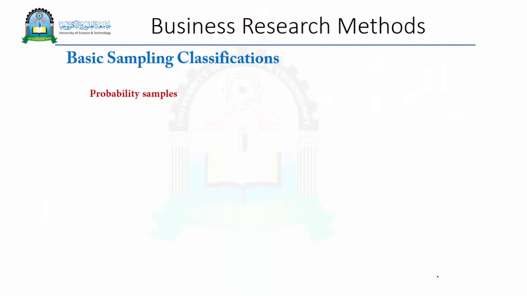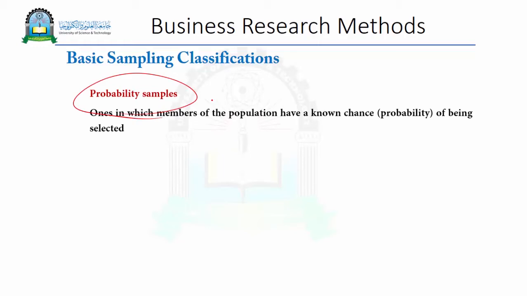The basic sampling classification, as we said, has different types of sampling. The first type is what we call probability sampling, a type of sampling in which members of the population have a known chance, or probability, of being selected. This is very, very important to understand, because it differs from non-probability sampling.